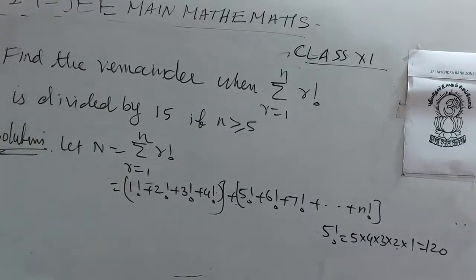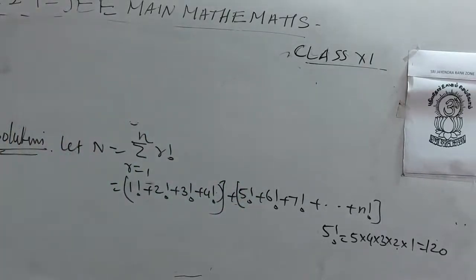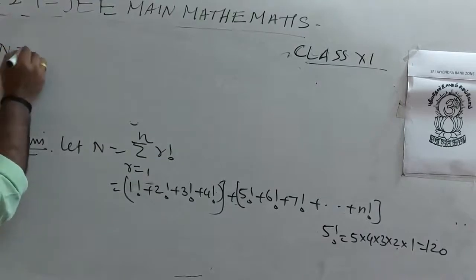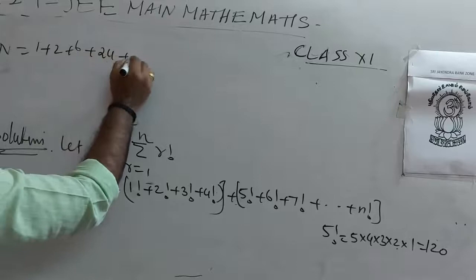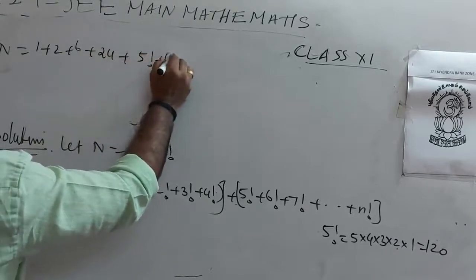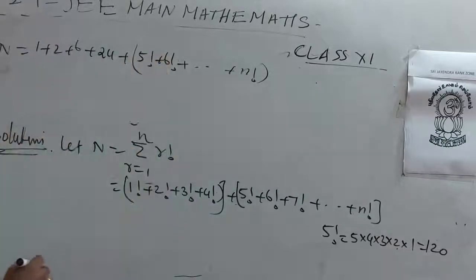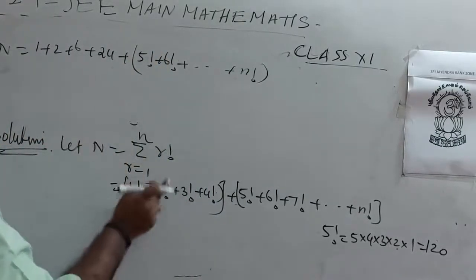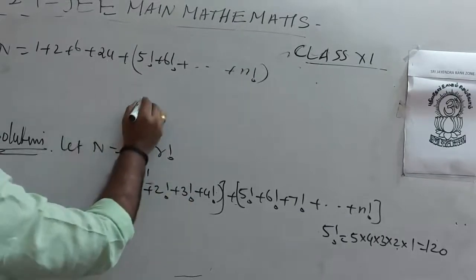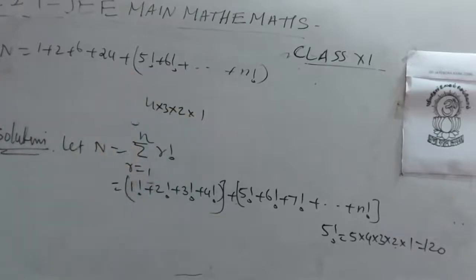So n equals 1 plus 2 plus 6 plus 24 plus 5 factorial plus 6 factorial plus etc. up to n factorial. 3 factorial means 3 into 2 into 1, that is 6. 4 factorial means 4 into 3 into 2 into 1, that is 24.